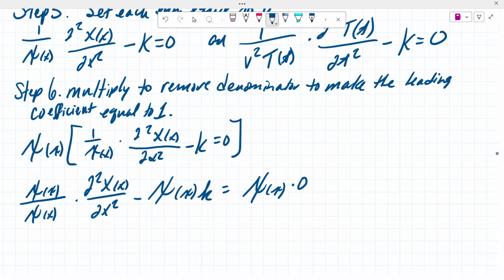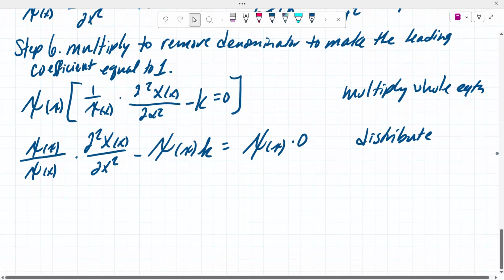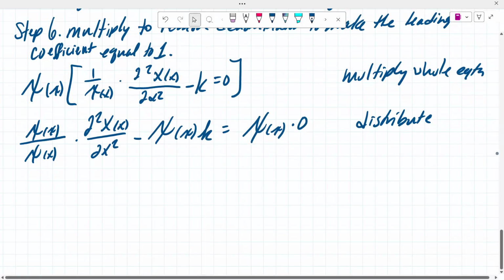So we have some simplifying we can do here. Let's write out how we did this. This one was done by multiplying the whole equation, and this one is distribute. Next, we need to do some simplifying.